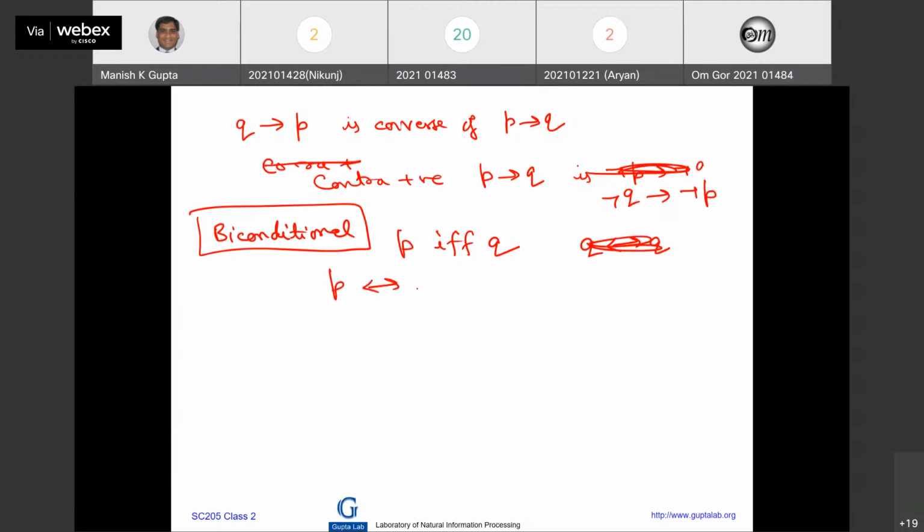P if and only if Q. That's a biconditional proposition. The truth table is true, true, true, true, false, false, false, true, false, false, false.